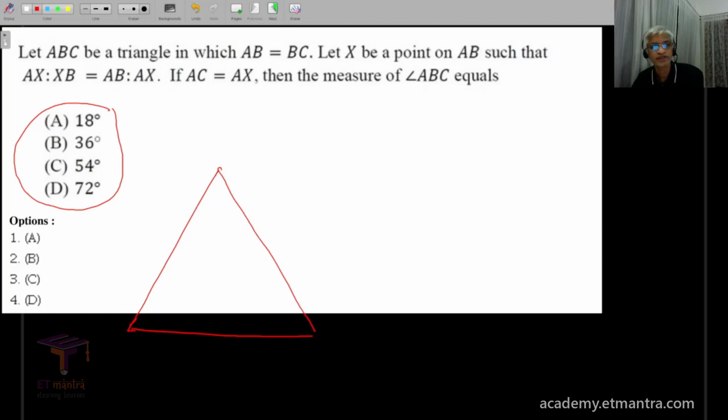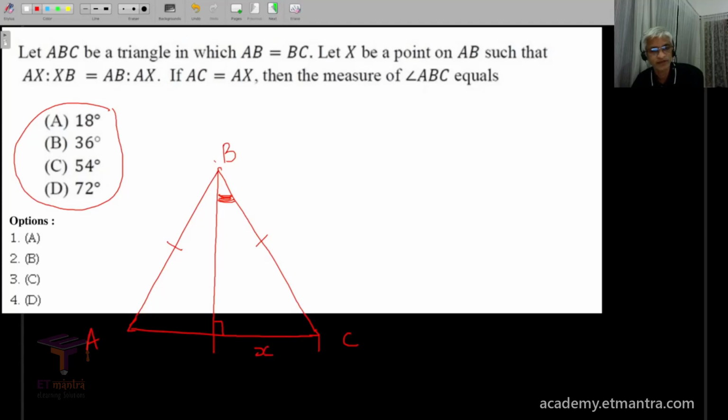So there is A, B, C, and it's an isosceles triangle. So AB equal to BC, and therefore this perpendicular will be a bisector, and we shall attempt to find the angle which is half of the required angle in the problem by finding the value of the sine of this angle.